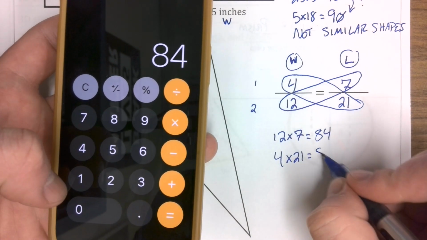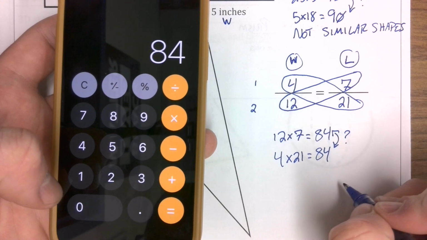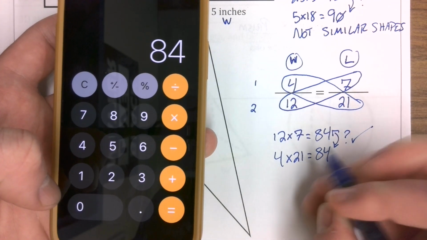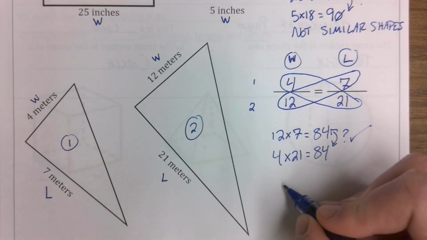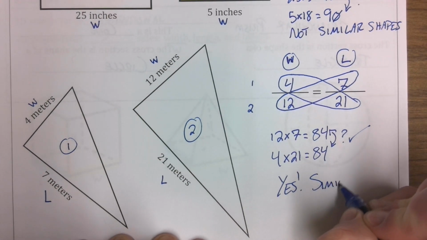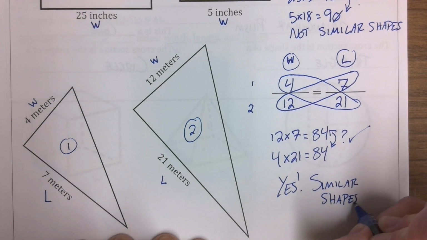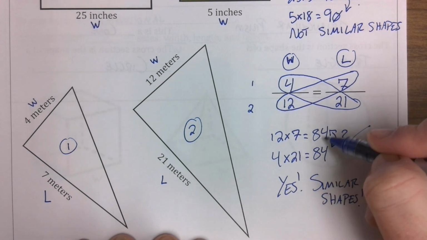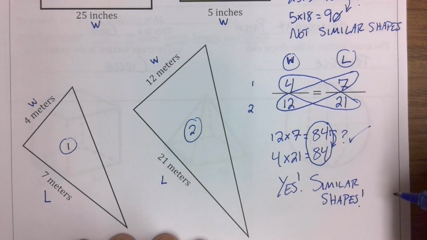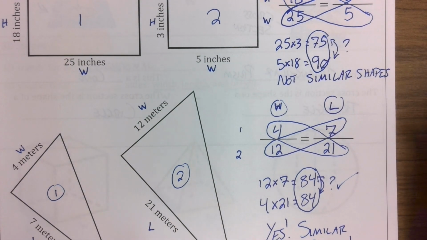There we go, 84. Are these the same? Yes. So these are similar shapes. They share the same ratio. So if you get the same number here, they're similar. If you get different numbers here, they're not similar.